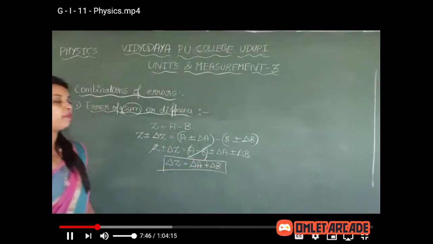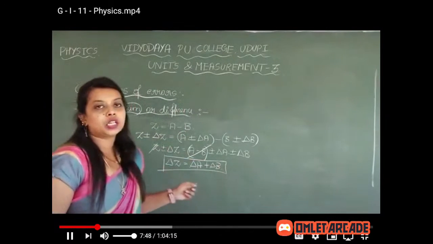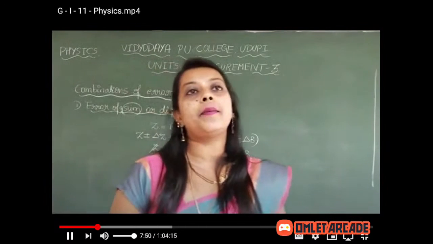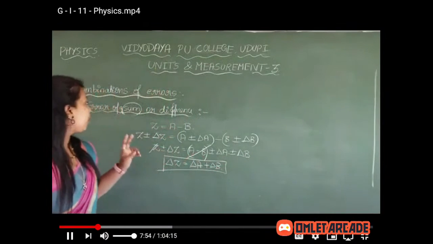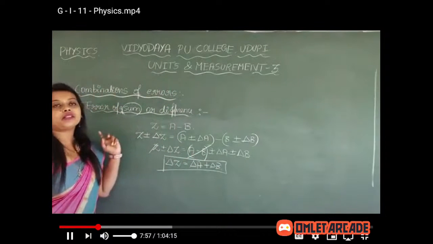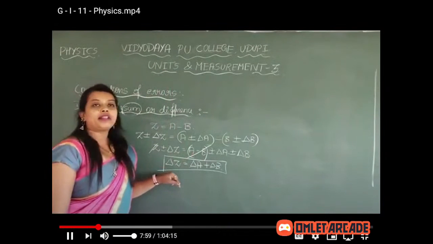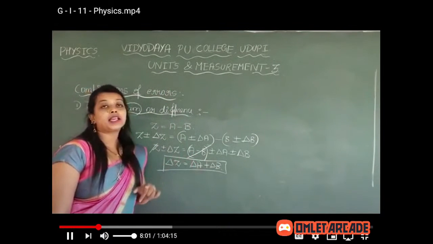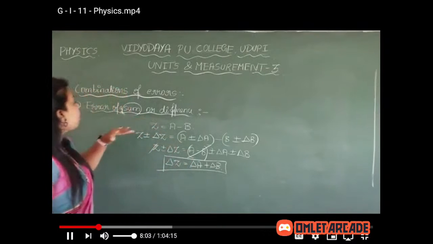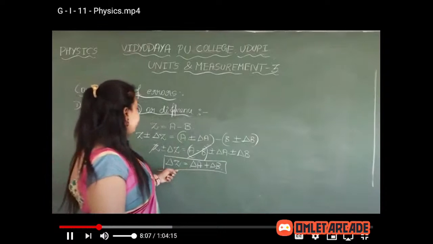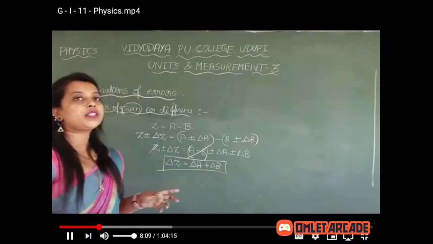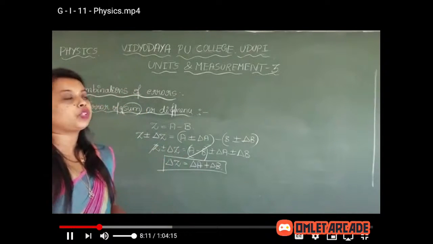What do you understand from this final expression when you compare it with the sum? Both are the same, yes or no? While solving the error of a sum, you got delta Z is equal to delta A plus delta B. While solving the error of a difference, you get the same answer. What is the final conclusion?